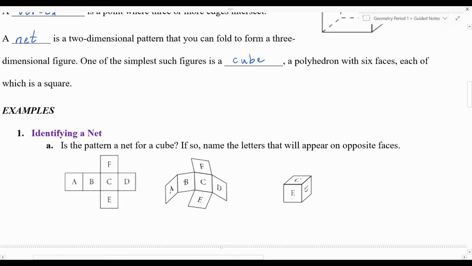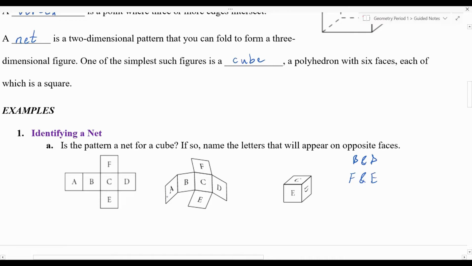When we fold this side this way and take this side and fold it this way, the B and D are going to be on opposite ends. When we fold the rest of it, we see the tops and the bottoms. We can see that F and E are going to be on opposite ends.